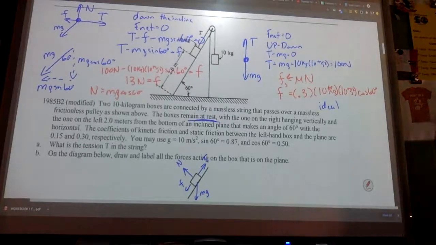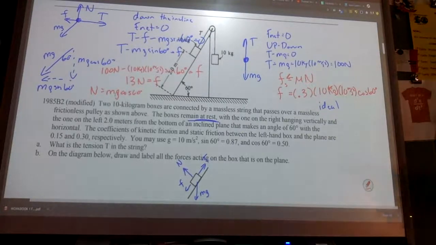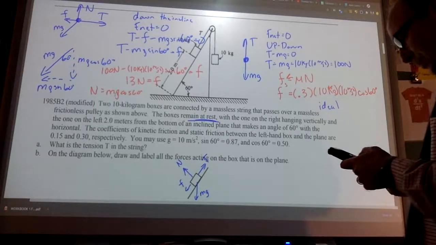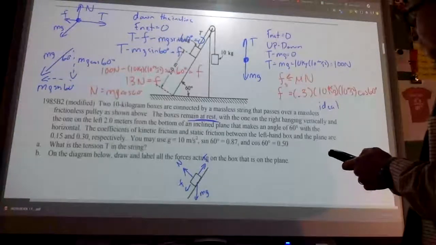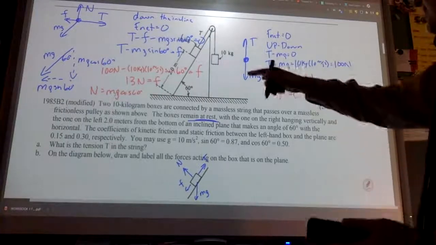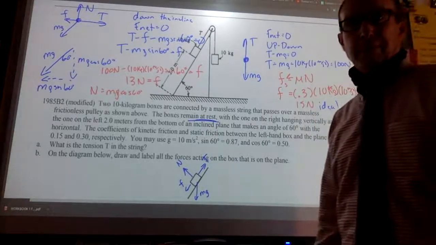If I put this in my calculator, which of course is located across the room, instead of 13, I get 15.